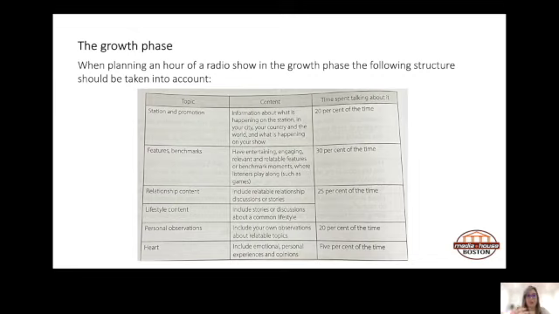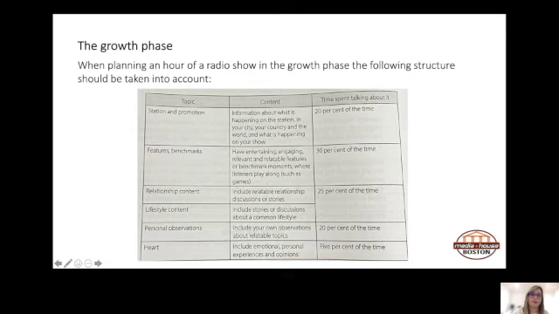If I look at our features or benchmarks, which is entertaining, engaging, relevant, and relatable features or benchmark moments where listeners can play along, such as games, that is 30% of the time because listeners love games. I love playing games.